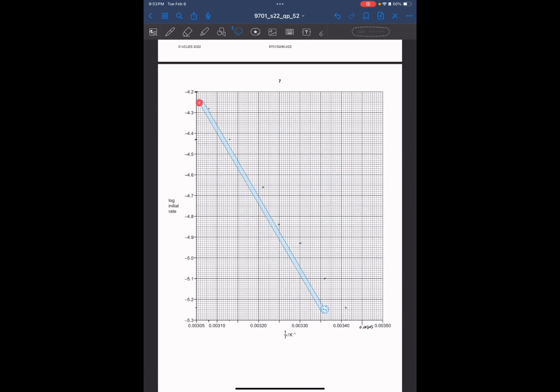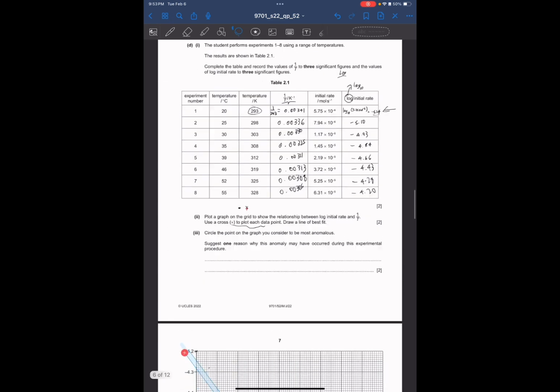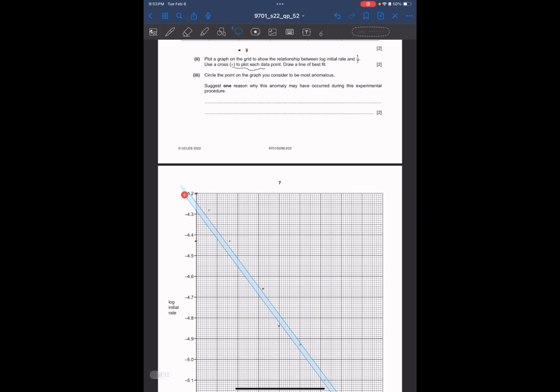So a line of best fit is gonna try to balance among the points. So as much as possible, how many data points do you have here? You have 8 data points. 1, 2, 3, 4, 5, 6, 7, 8.